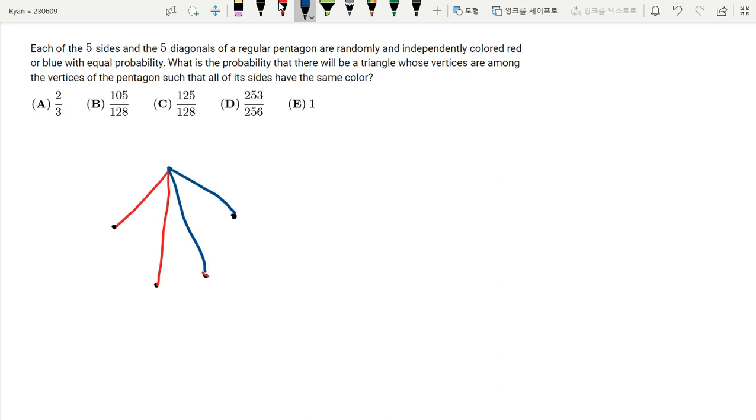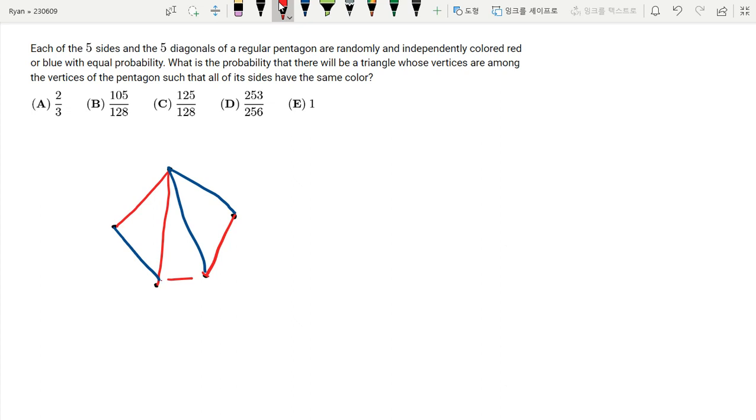And now we can make the bottom segment, the left one blue and the right one red. Then there will be two choices for this segment: you can make it either blue or red.